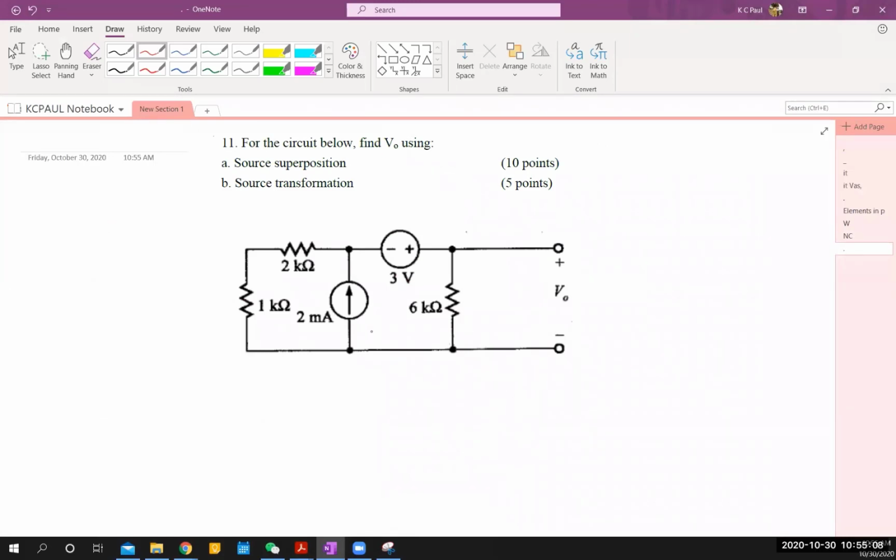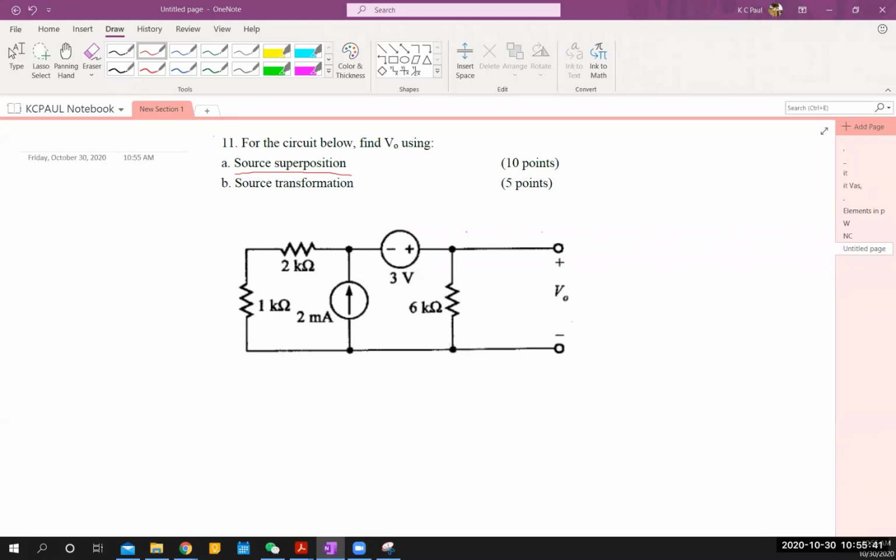The last one is very interesting, and most of you, I mean 50% of students, have made a mistake, but I didn't expect this mistake. So, source superposition, and this is your circuit. As this one is vital, please listen carefully. Source superposition means you are turning off one source.